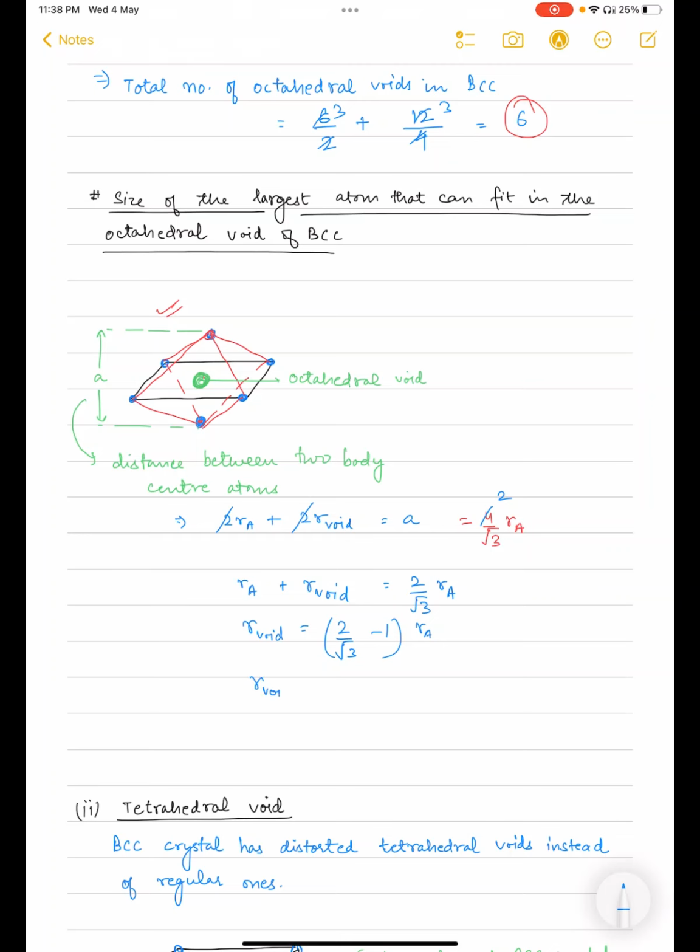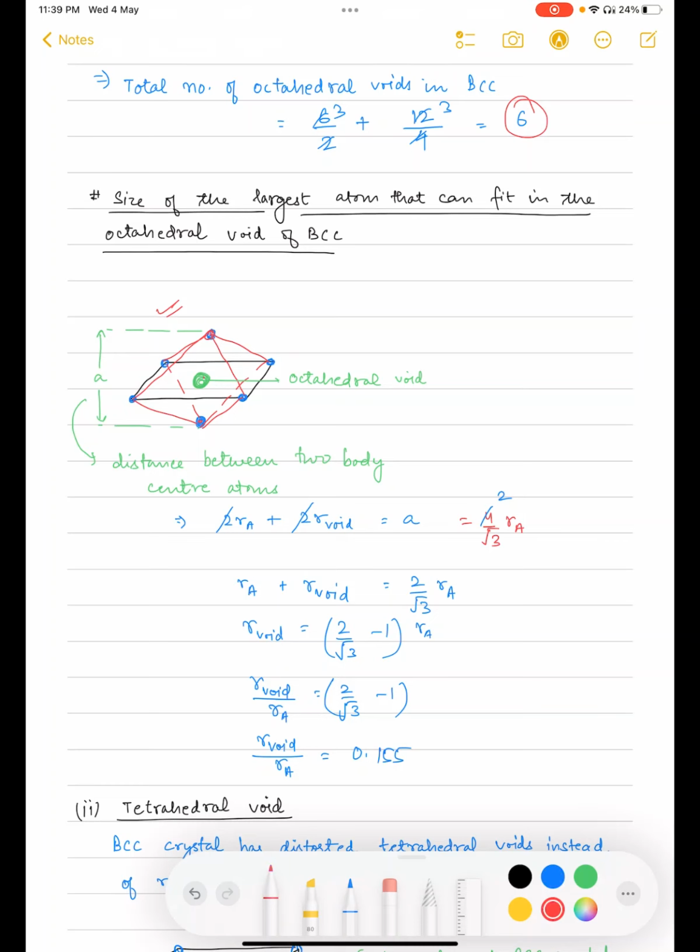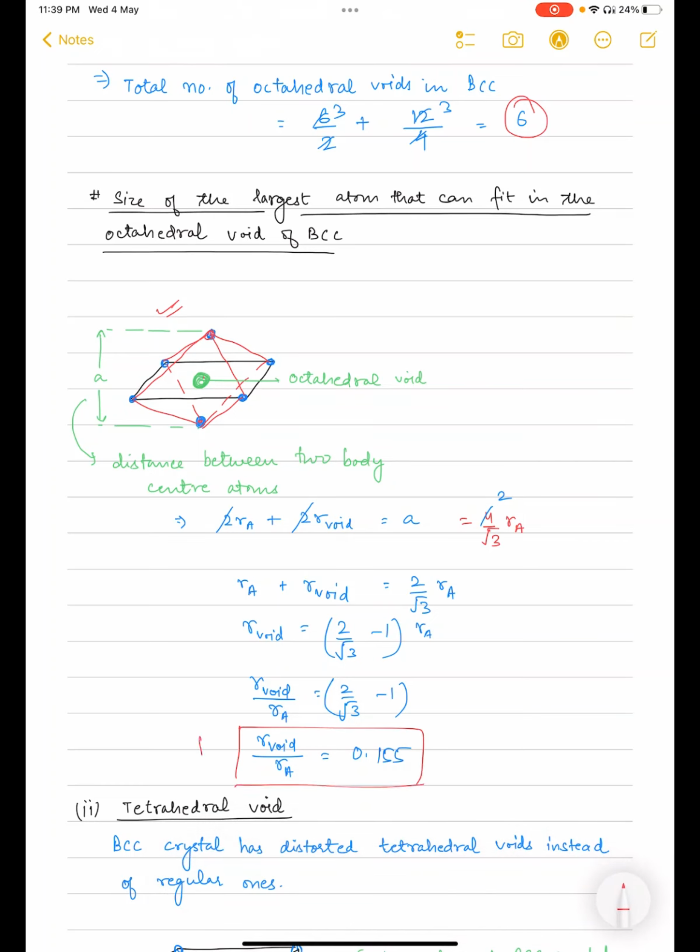So R void by RA is 2 by root 3 minus 1, and this is R void by RA equals 0.155. So this is the ratio of the radius of void to atomic radius for octahedral void in BCC.